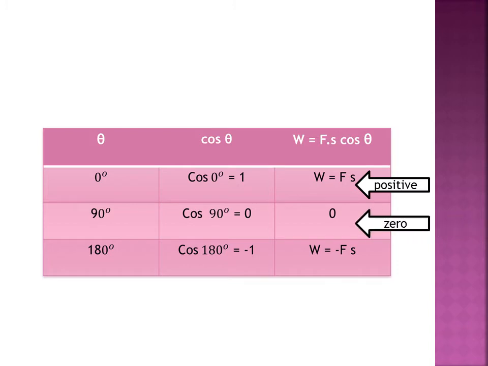When theta is 180 degree, cos 180 degree is minus 1. So W will become minus Fs. So it is called negative work done. So here in this chart we can see how it is positive, negative, and zero work done depending upon the direction of the force and displacement.